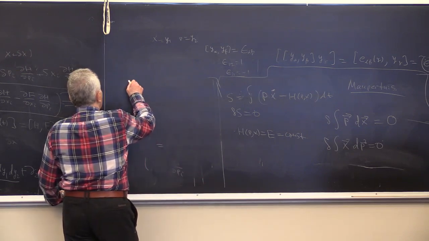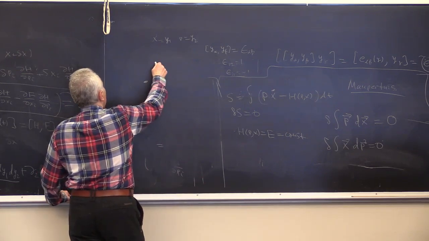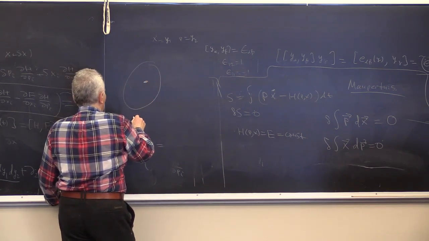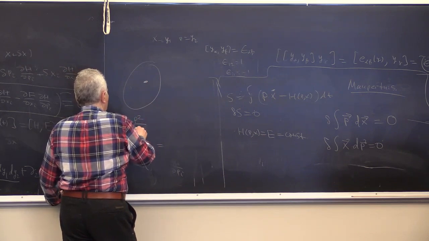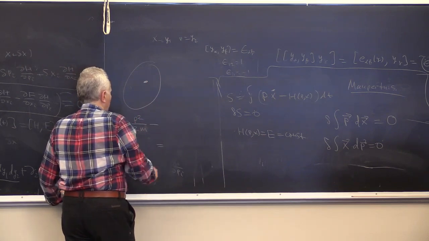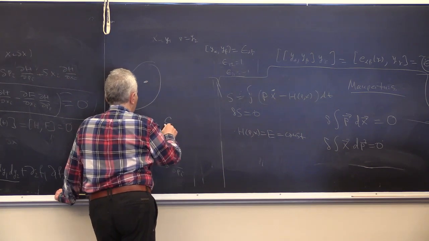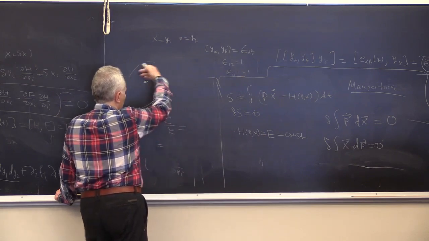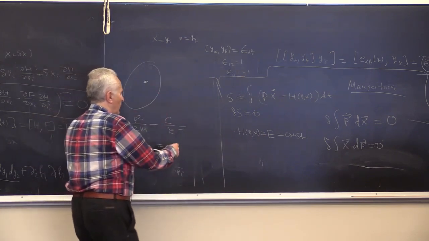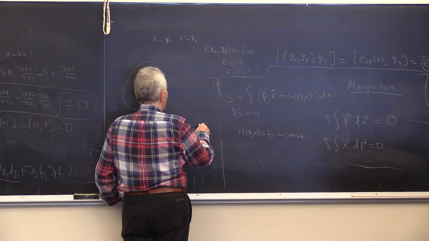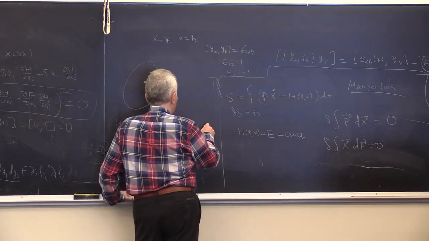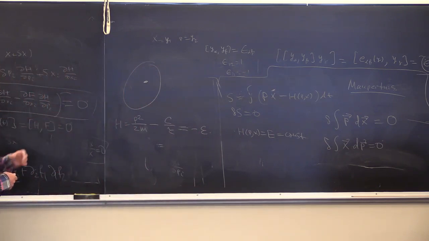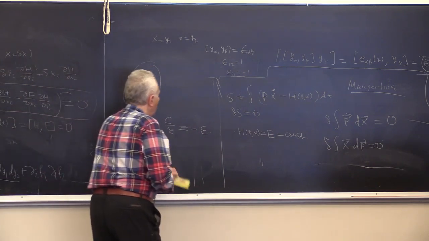We consider the center and the planet which moves around the center, and of course p squared divided by 2m minus a constant divided by r is the energy. Since we are interested now in closed orbits, the energy should be negative, and it should be equal to minus epsilon.